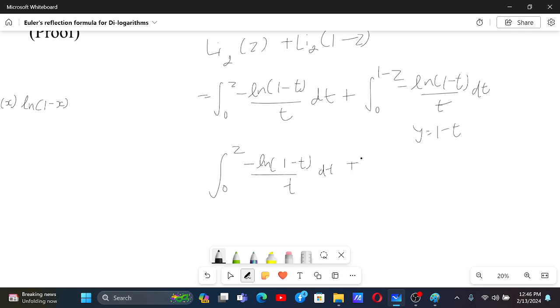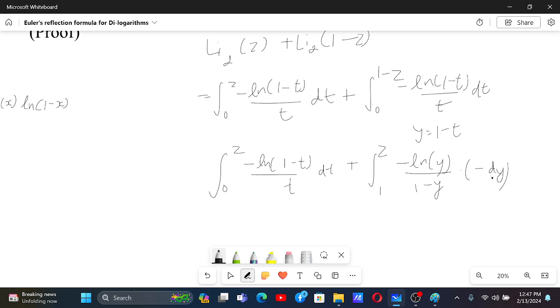With this substitution, the lower limit will be 1 and the upper limit will be 1 − (1 − z), that's just z. Now this is −ln of y by, now this is just 1 − y, and over here I have −dy.